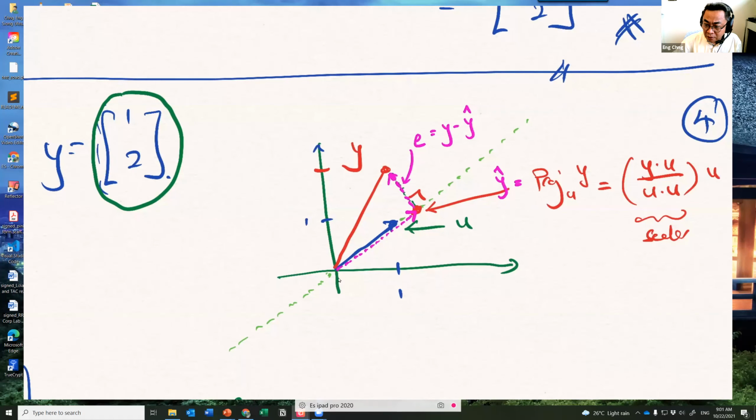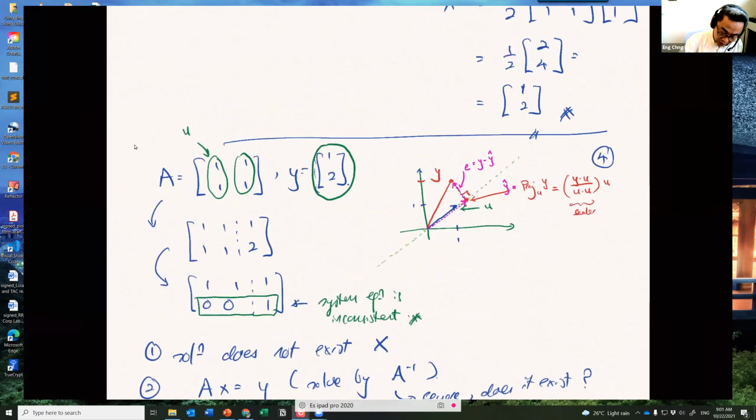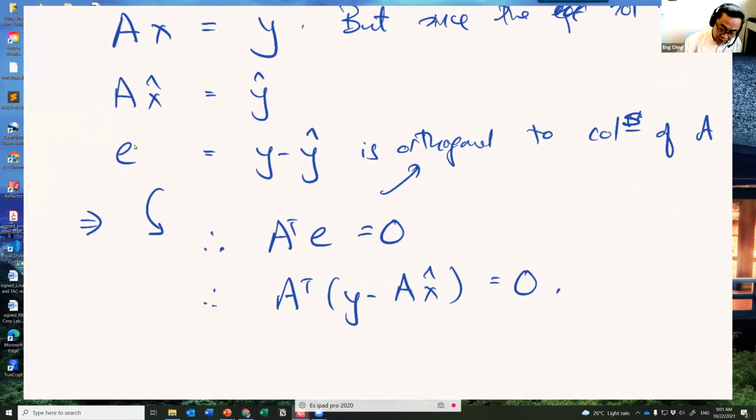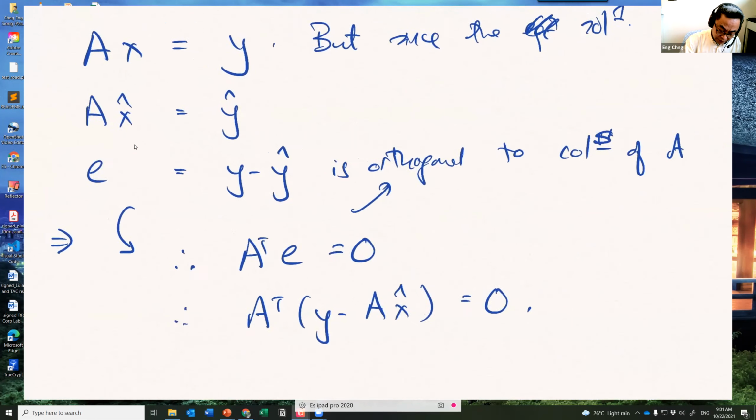The error is orthogonal to this, and this is a line because we only have one two-dimensional vector. But in the abstract setting, it is the whole column space of A.